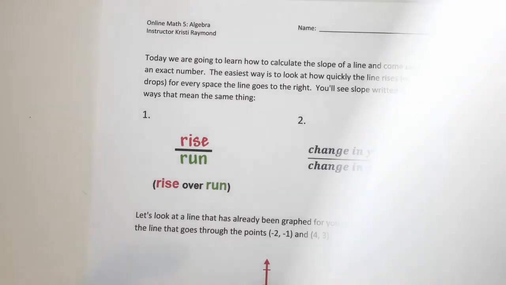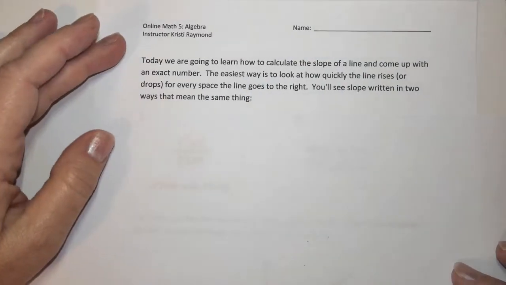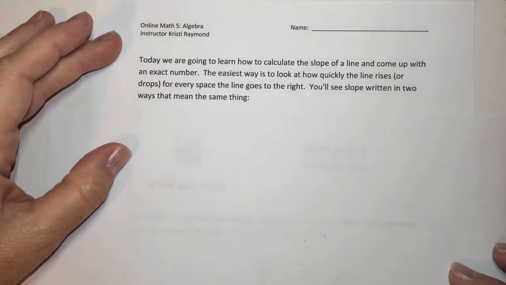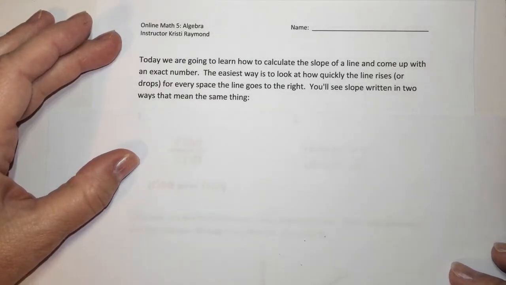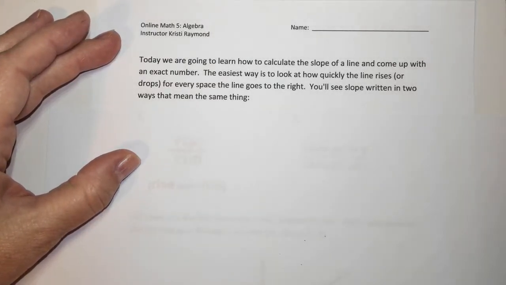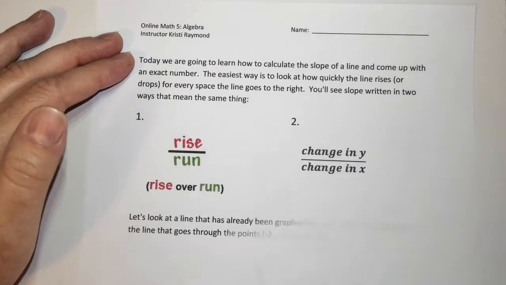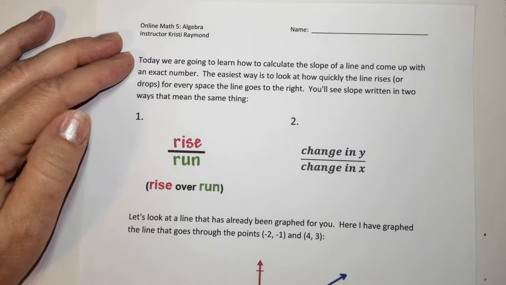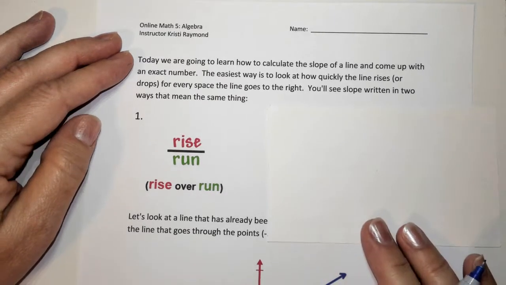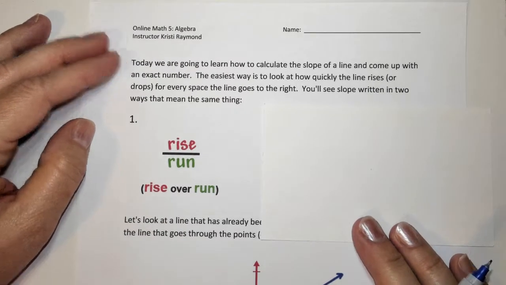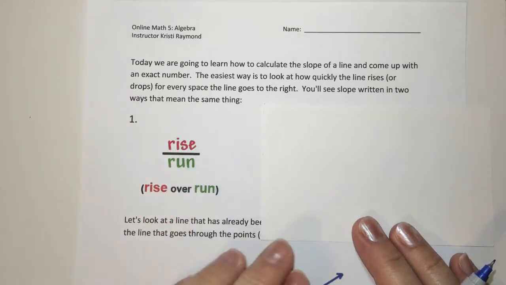Today we're going to learn how to calculate the slope of a line and come up with an exact number. The easiest way is to look at how quickly the line rises or falls or drops for every space the line goes to the right. And you'll see slope written in 2 ways that mean the same thing. The first way that you might see slope is like this: rise over run.